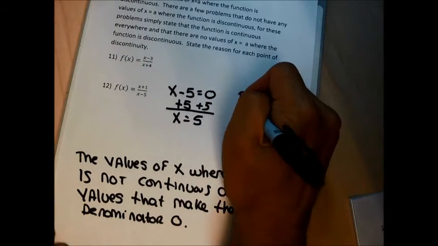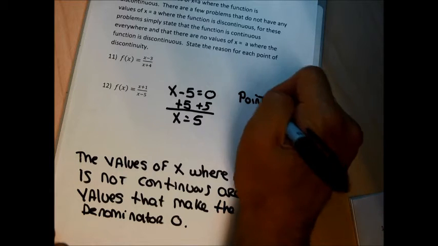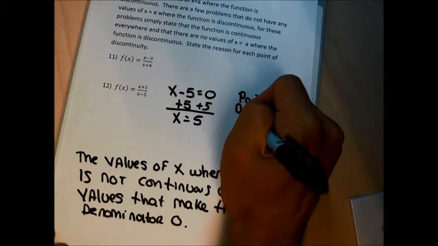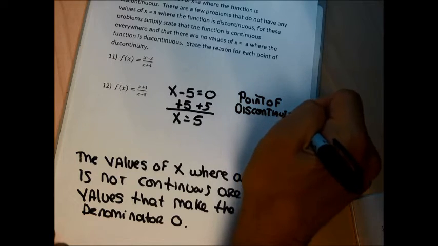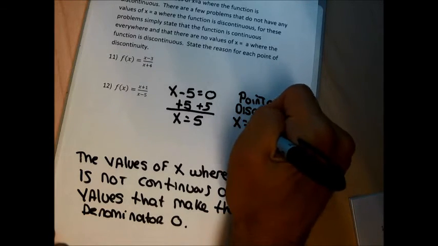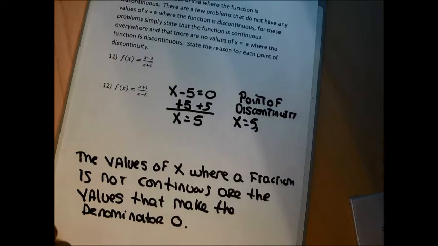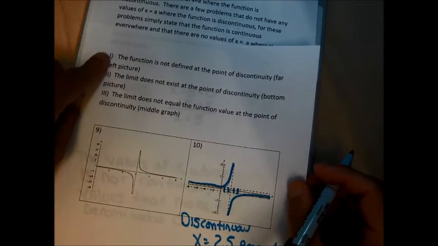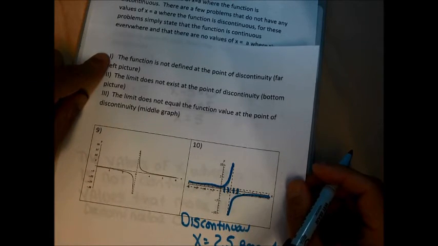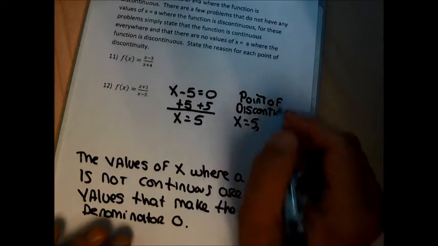So problem 12, it will have a point of discontinuity at x equal to 5, and the reason is going to be reason 1 again. The same reason that we just used for problem 9 and 10. It's going to be reason 1 because a function isn't defined at that point.